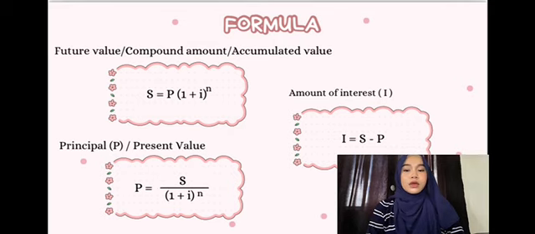Then I stands for amount of interest. The formula is I equals S minus P. Last but not least, P stands for principal or present value. The formula we can use is P equals S over (1 + i)^n.